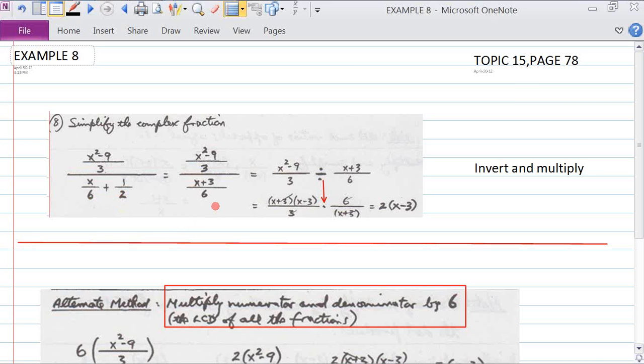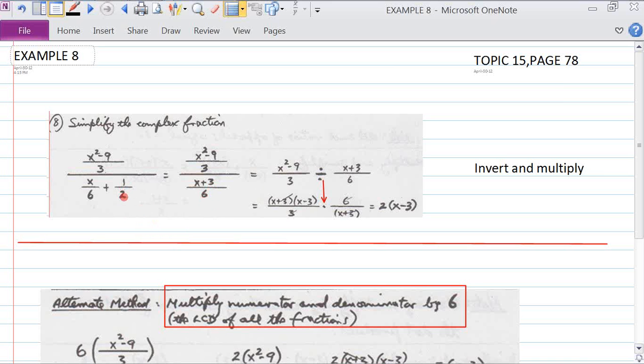For 6 and 2 it is 6, and 2 goes into 6 3 times, so I get a 3 times 1 right here. 2 goes into 6 3 times, and I multiply the top here. If you look at this, 3 over 6 is really a half.